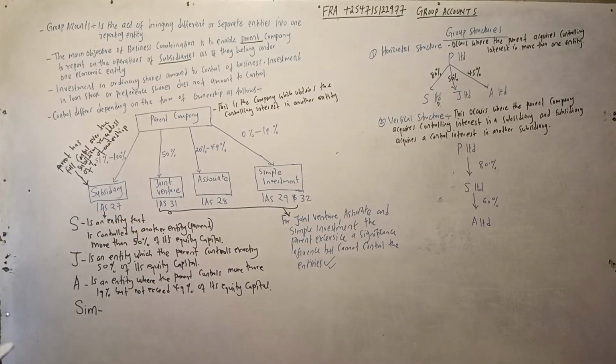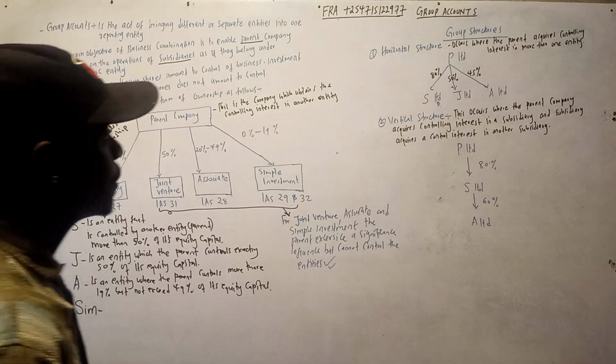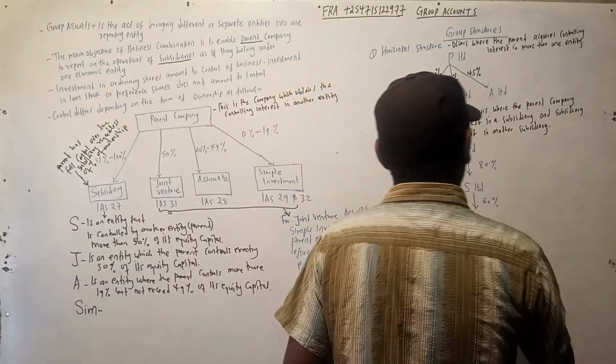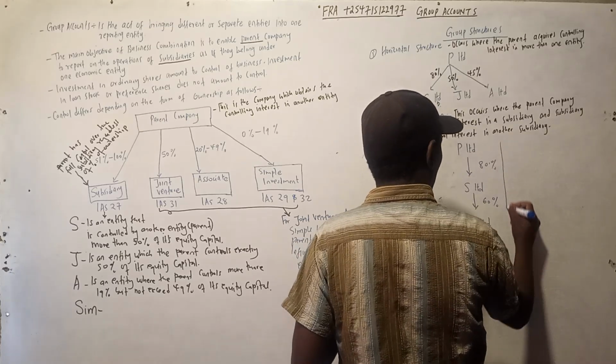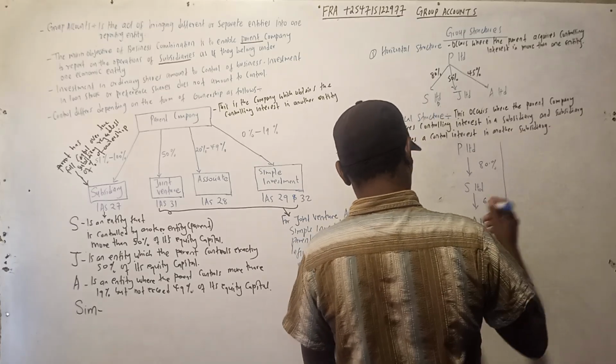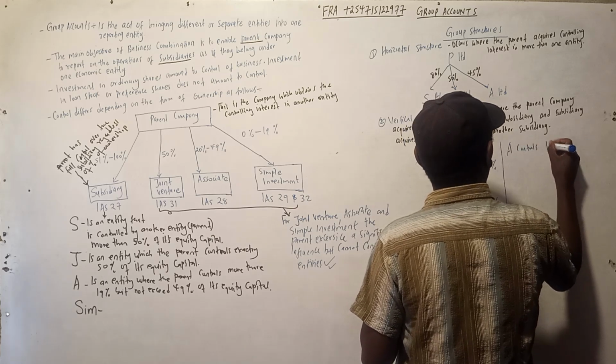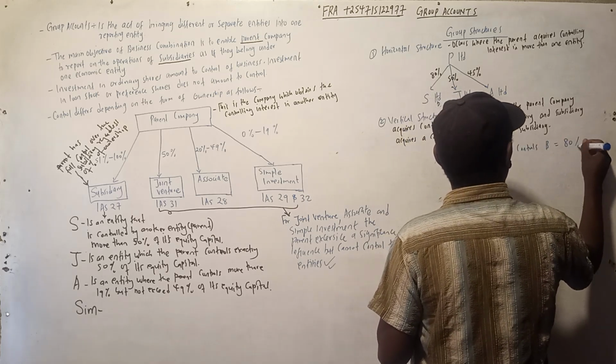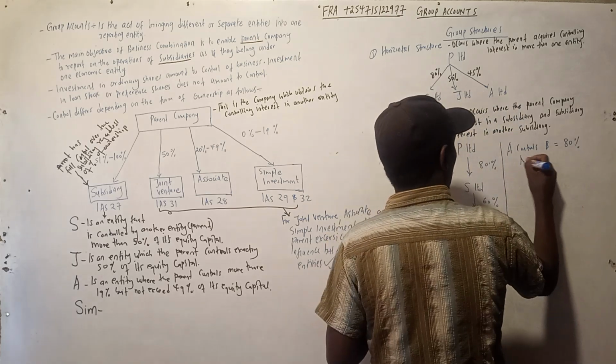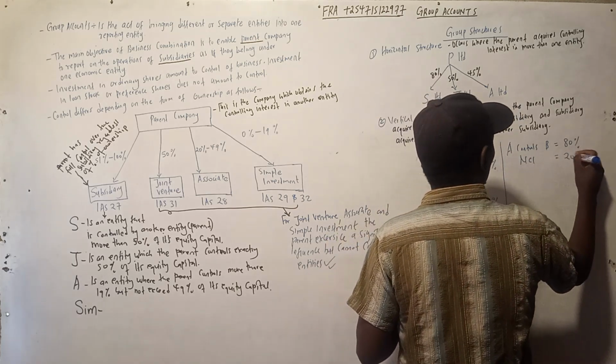So, how do we know? Let us write it here. We can say that P controls S 80%. Then we have the NCI share. The NCI share is 20%.